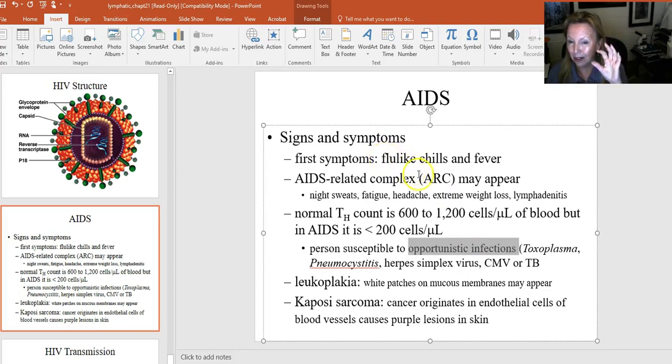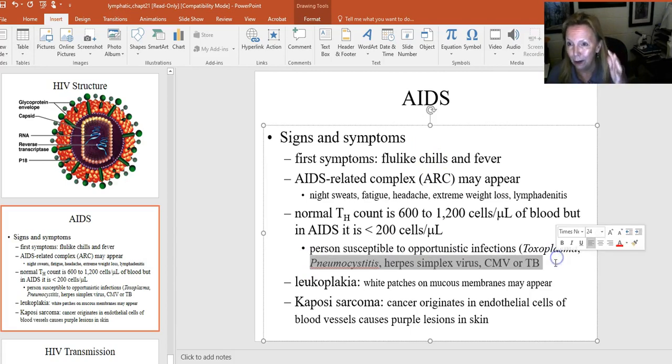The virus just attacks the cells that they need to protect them from these other things. Do you hear what I'm saying? So the HIV virus doesn't kill anyone, but because it's crippling their immune system, these people end up dying from other infections that shouldn't be causing them to die, if they go into full-blown AIDS.